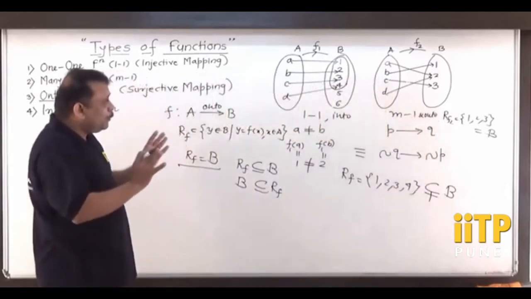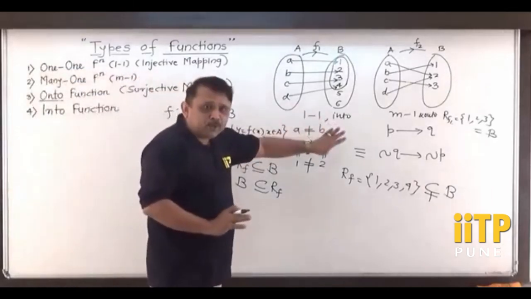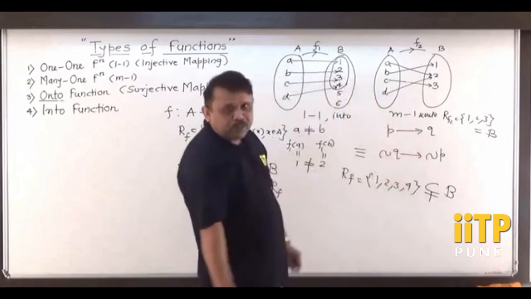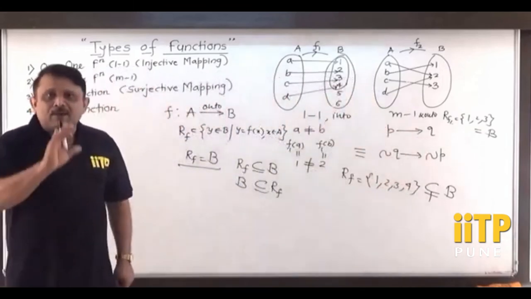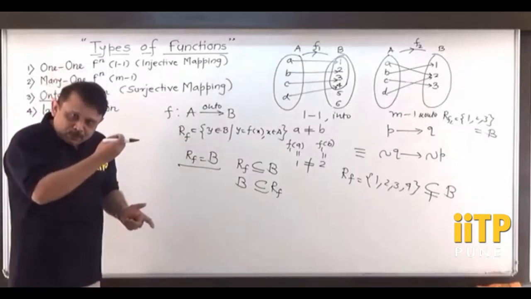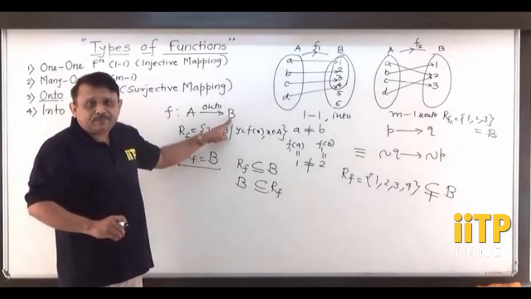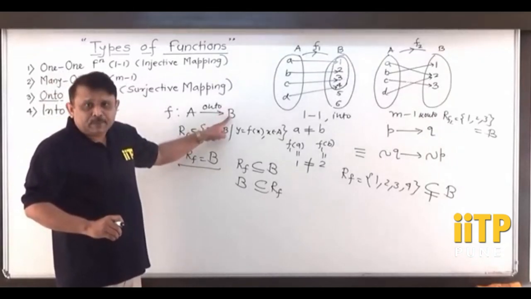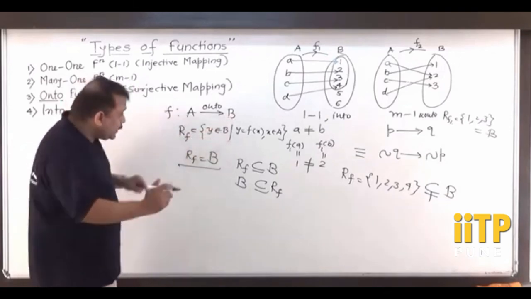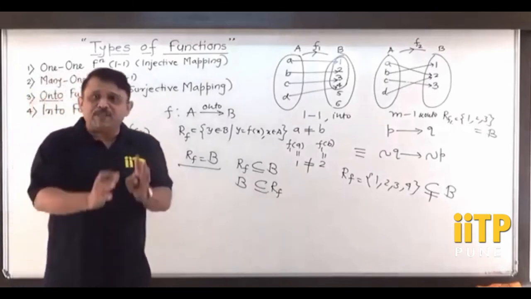Here I produced 2 examples, one showing 1, 1 and into, and another showing many 1 and onto. Whenever we want to show that a function is onto through the analytical method, you choose any y in B. For that y, you find x in the set A such that the relation y equals f of x holds.